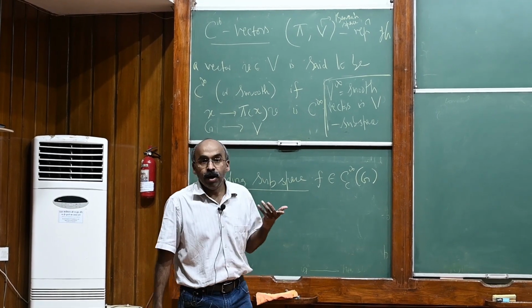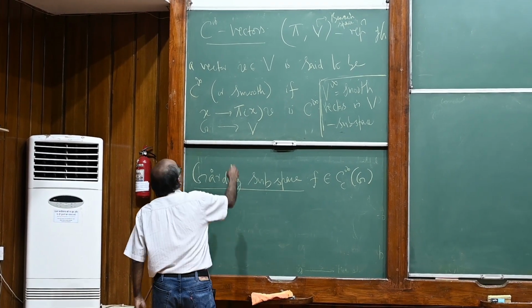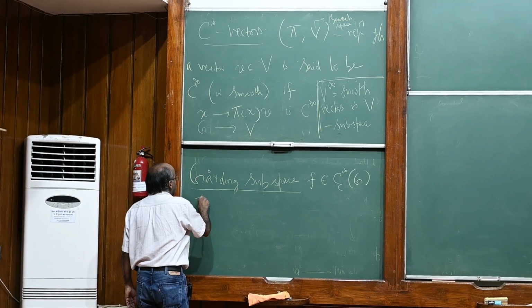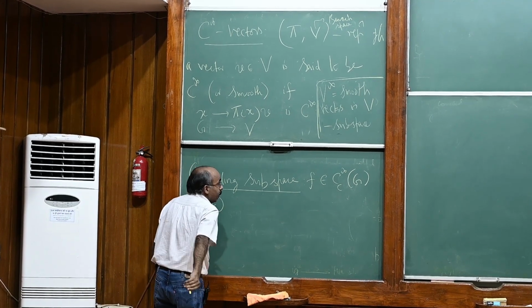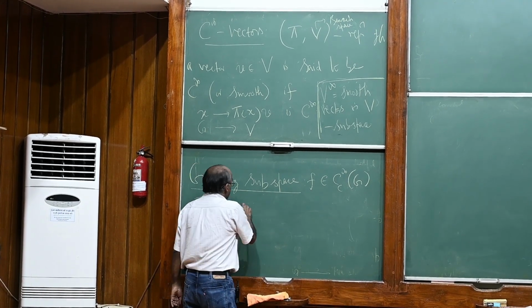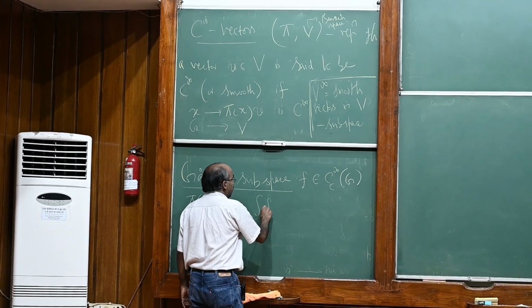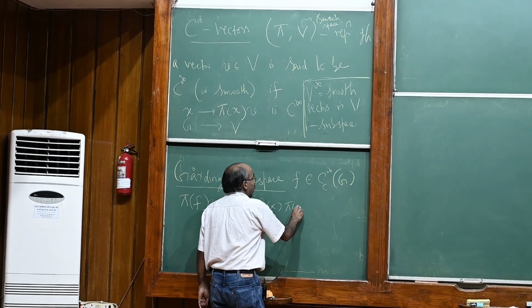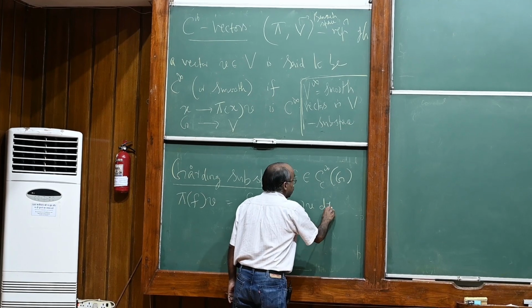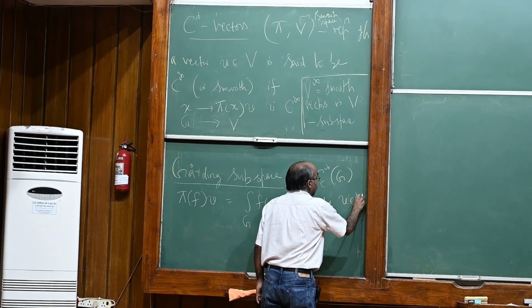And then we define pi of f, right? Pi is my representation. So pi of f acting on v is the integral over G of f of x pi of x v dx.